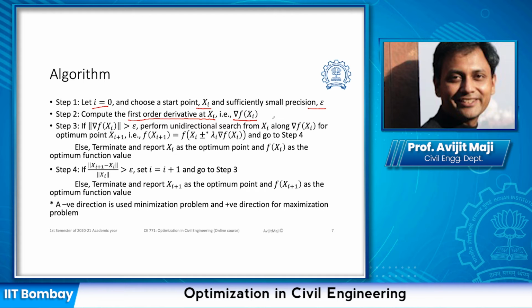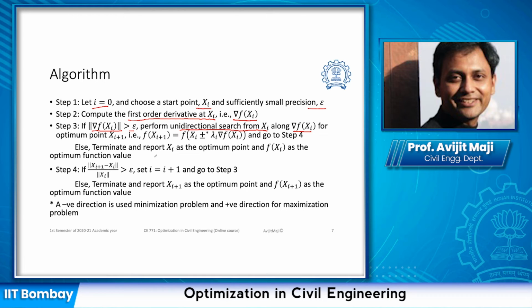Once we look at the scalar quantity of this vector, the direction vector or first order derivative vector, and if we find that it is greater than the precision which we have set, then we need to perform a unidirectional search from the point where we started along the direction of the gradient.